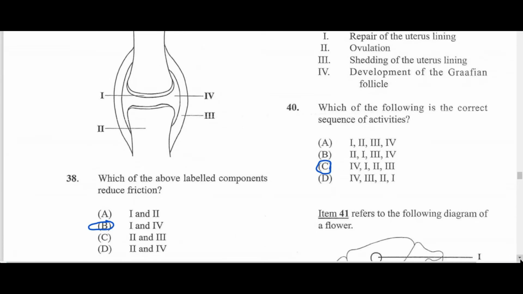It's going to be B. We're looking at the cartilage here and here. Between here we are going to have some synovial fluid assisting with that. So the cartilage and the synovial fluid is going to be reducing that friction. So of course our answer is going to be B for 38.